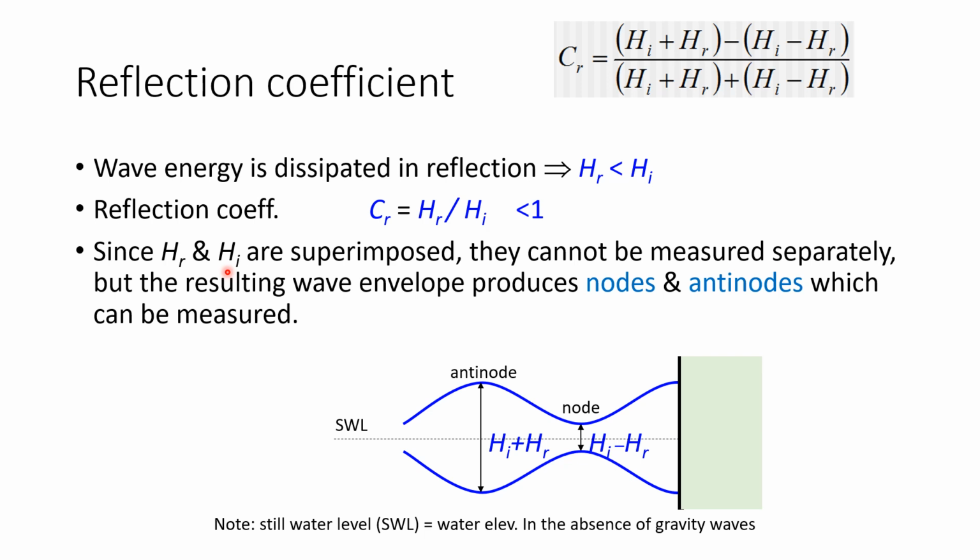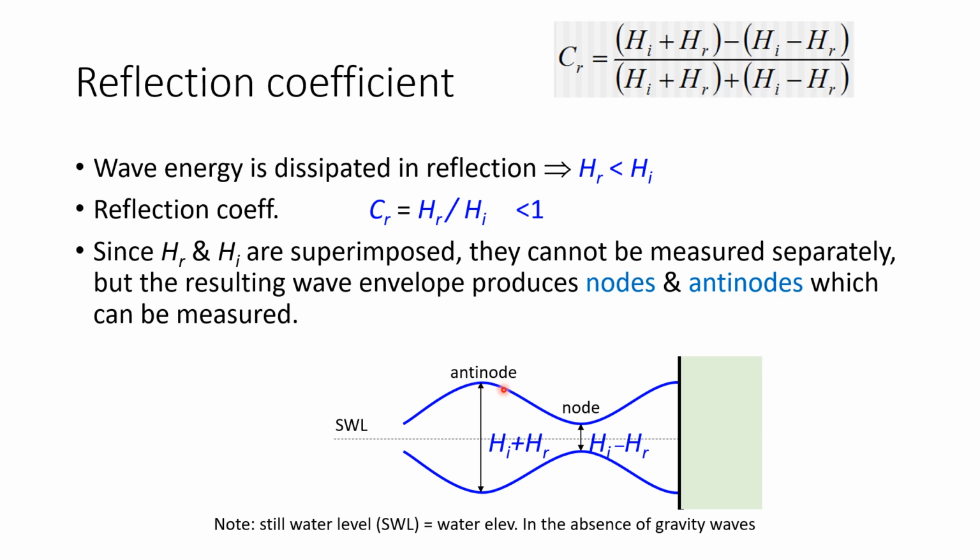If we try to perform a measurement in front of the structure, what we can get is the nodes and the antinodes. For example, if this is the wave structure, there is a set of incoming waves with a wave height of HI, and a set of outgoing waves with a wave height of HR. Due to the superposition of these two sets of waves, we get an envelope which looks like this.